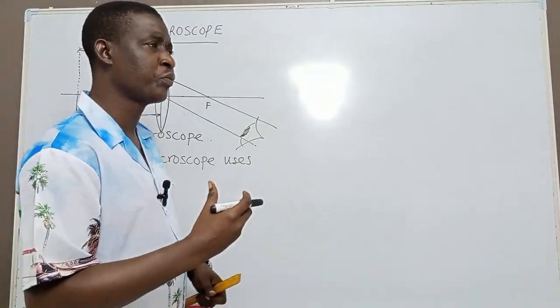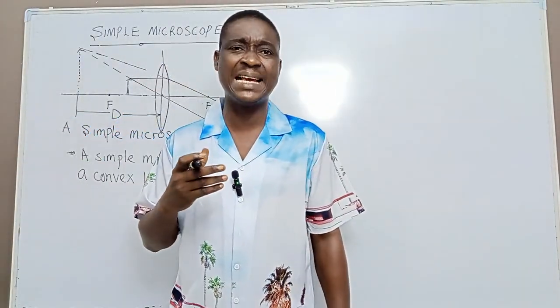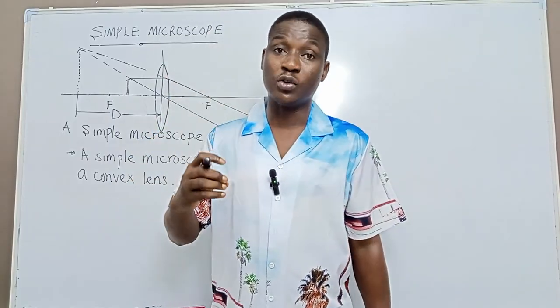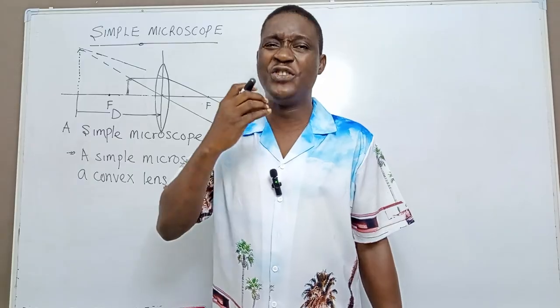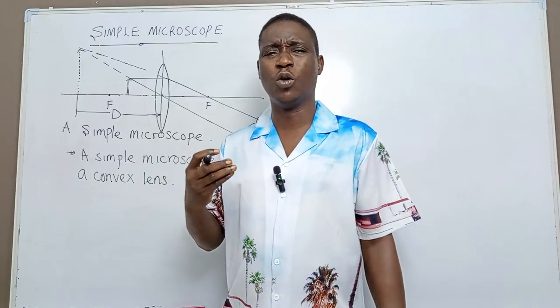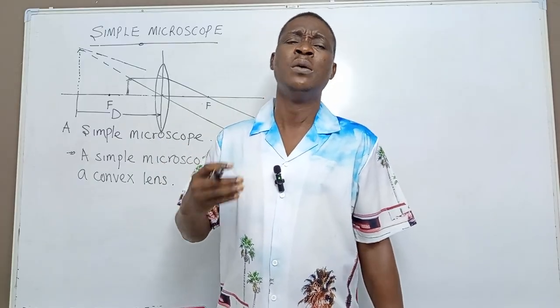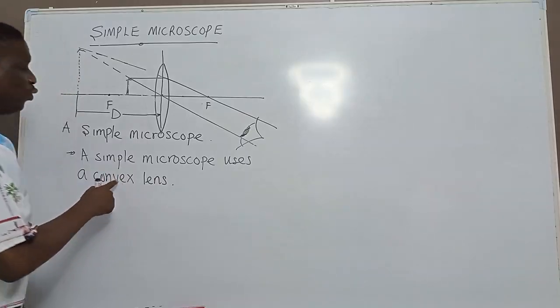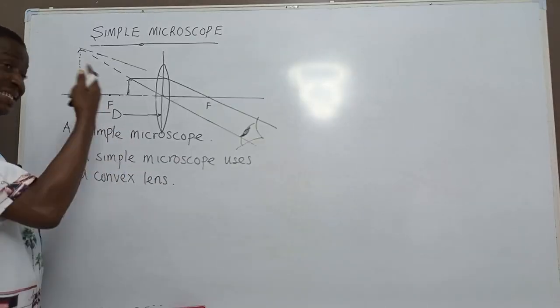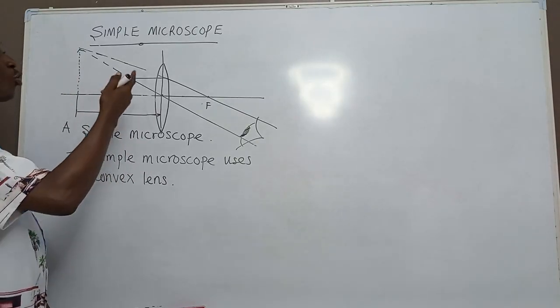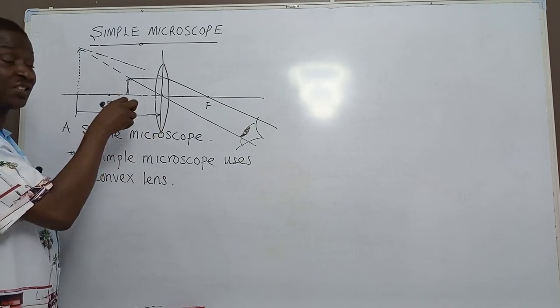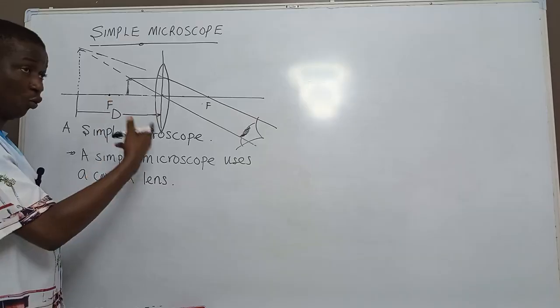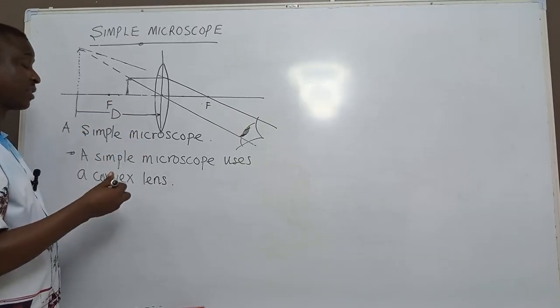Why did I say so? Don't forget that the eyepiece lens is used to view the image, while the objective lens is for the object itself. And when we are talking about a single lens used here, we still have other ones that we call compound microscope, although that is not treated in this class. We'll look at that in our next class.